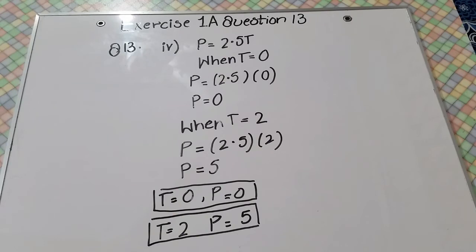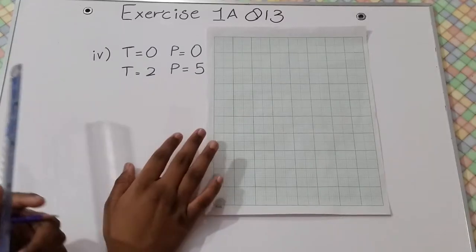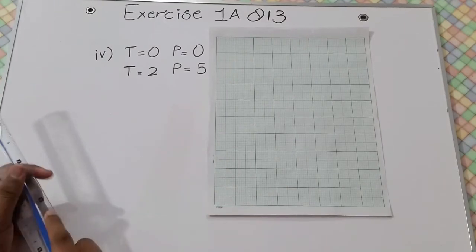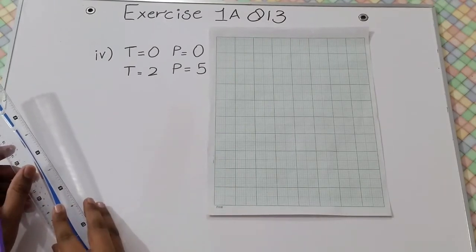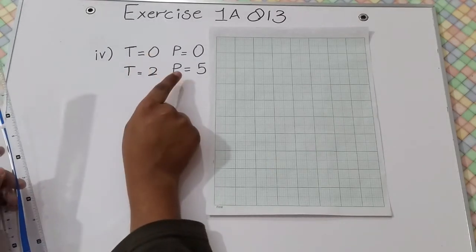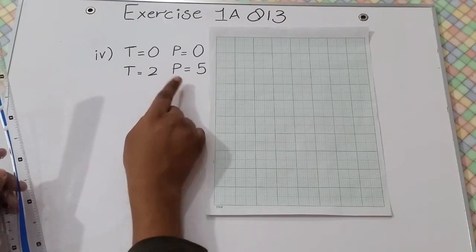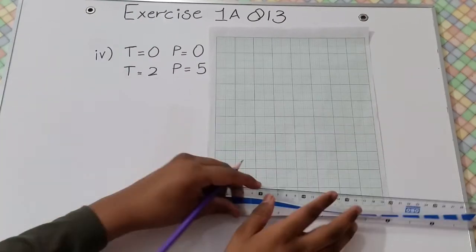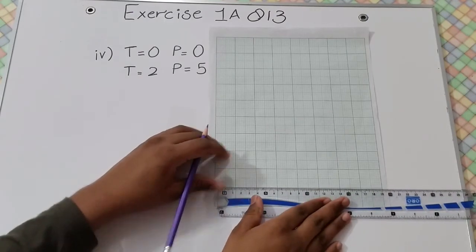So now let's plot the graph of p against t after we have found the values. The first value is when t is 0, p is also 0, and when t is 2, p is 5. So we are going to first draw a graph. It's a very easy graph.